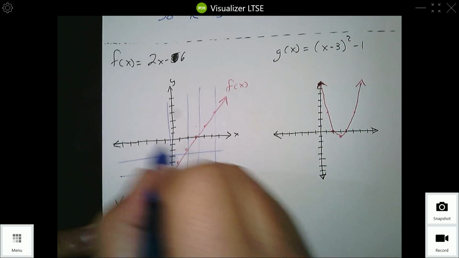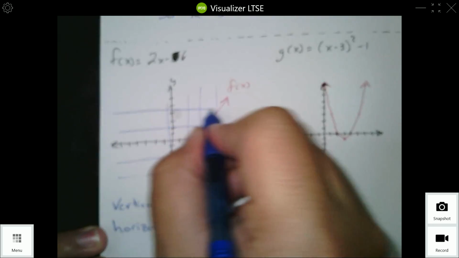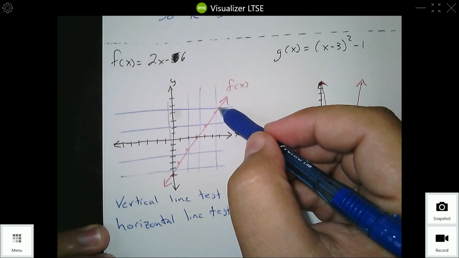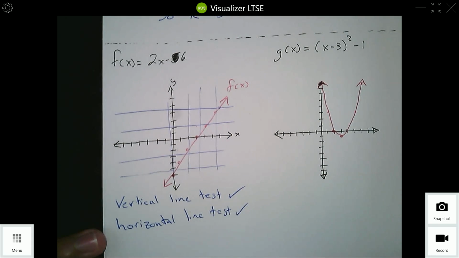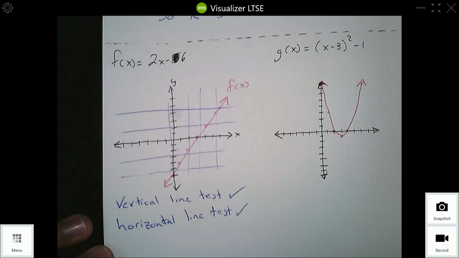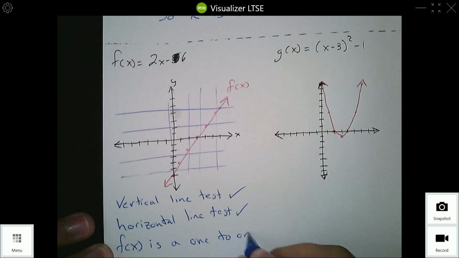Once again, it never hits more than one point per line. Since both are correct, both the function and the inverse are functions. They both work, so f of x is a one-to-one function.